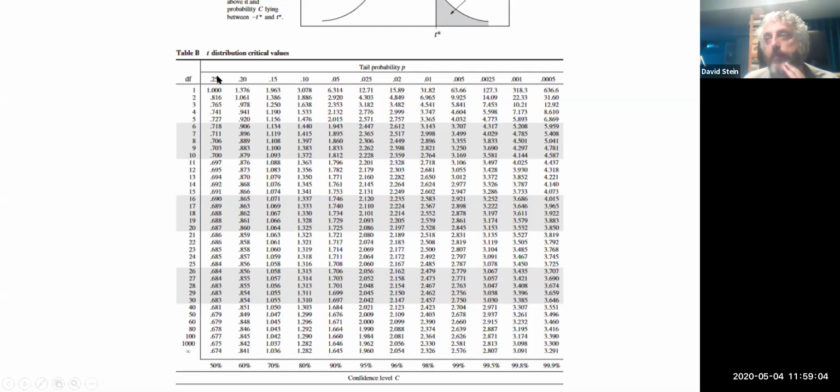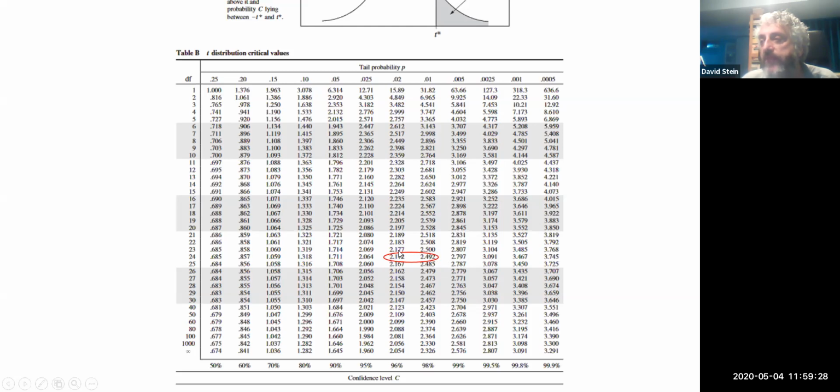Now, if you look up here, it has tail probabilities. What you have to do to use the chart is go to your degree of freedom, and then move over until you find about where your t-score was. Our t-score was 2.3 something, so we're right in between here.